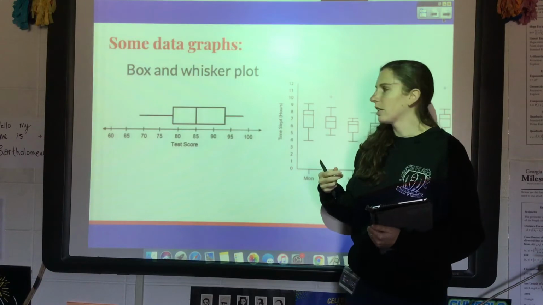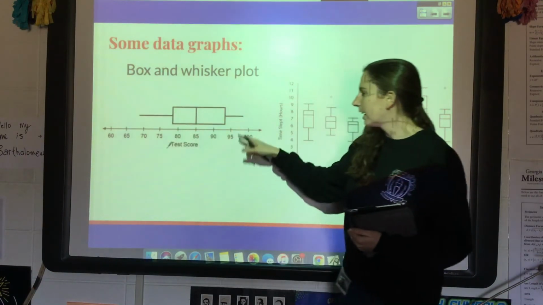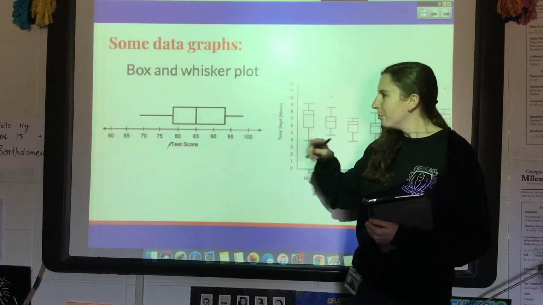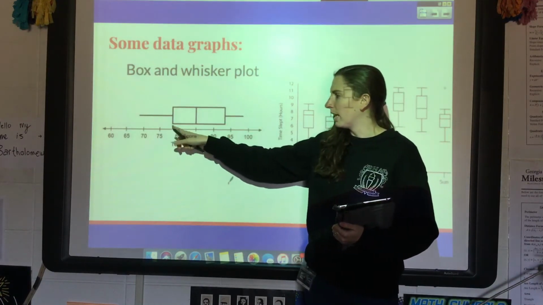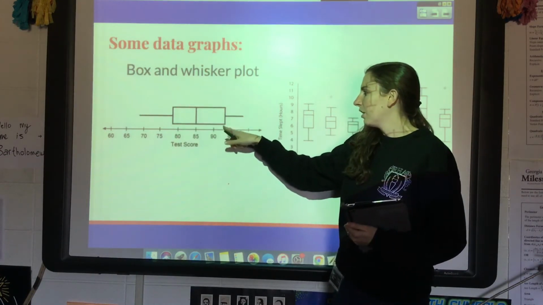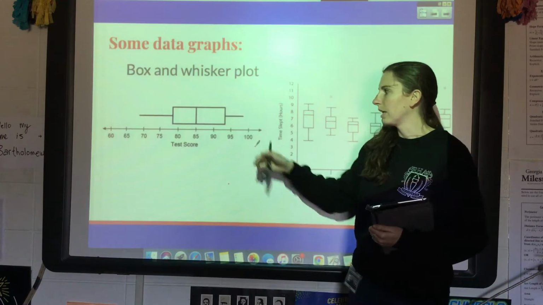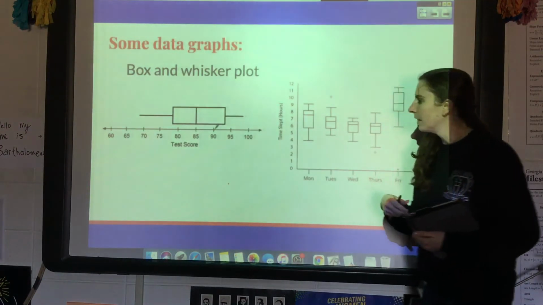Like basically what you're saying is like the data goes down to about 60 something and it goes up to almost 100, but the middle 50% of these test scores fell within 78 approximately and 93 or 94 approximately. This is the middle 50% of your data.